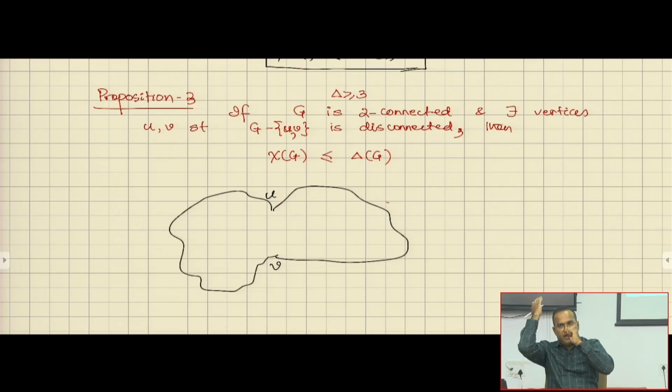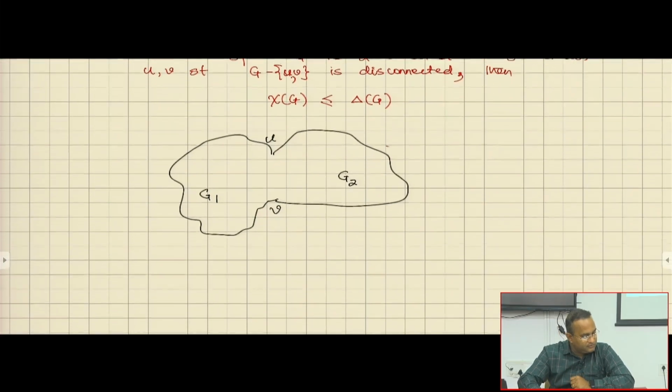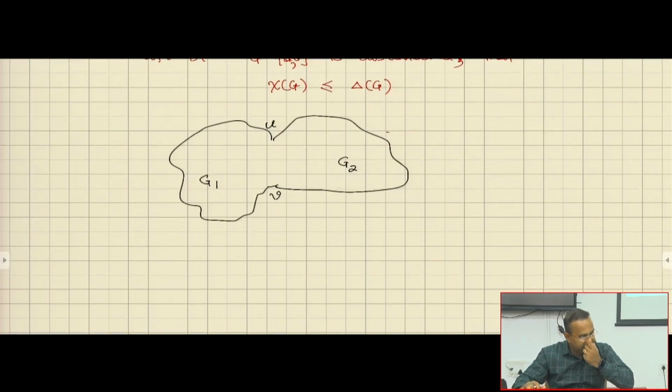If you remove them, then we are going to get G1 and G2.